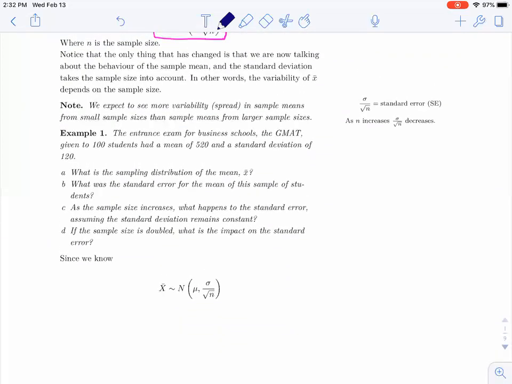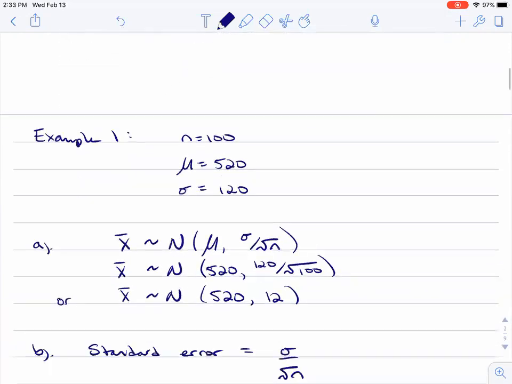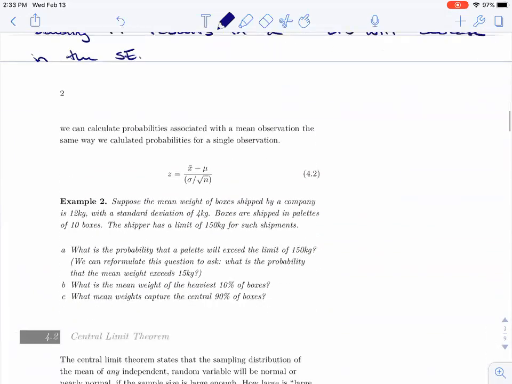So, because we want to know something about the mean, and now we know that it follows a normal distribution, knowing that means that we can calculate z-scores, and then use the z-table to find probabilities. Okay. So, just scroll down, next page.